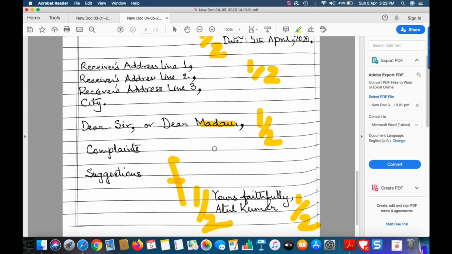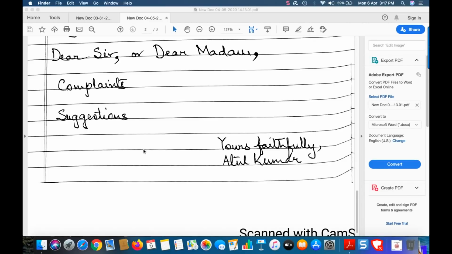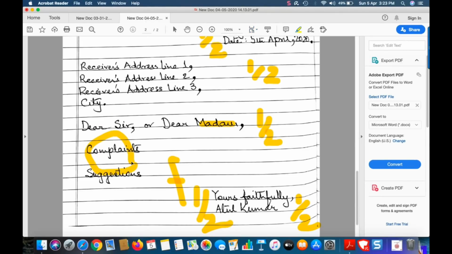So if your format is correct, you are getting 3 marks for sure. Next is the content, which I have discussed earlier, and it is the complaints and the suggestions, and this carries 2 marks. And expression carries 5 marks.